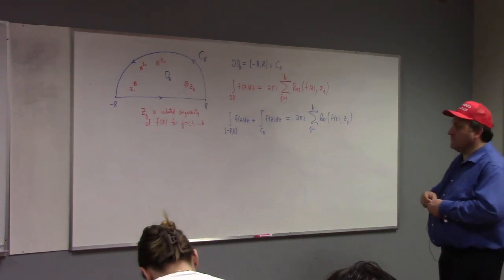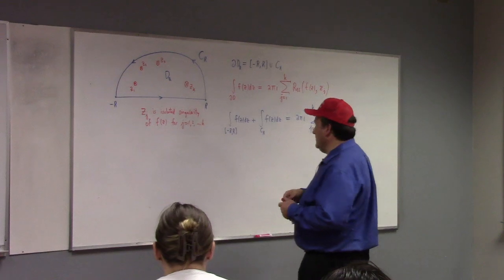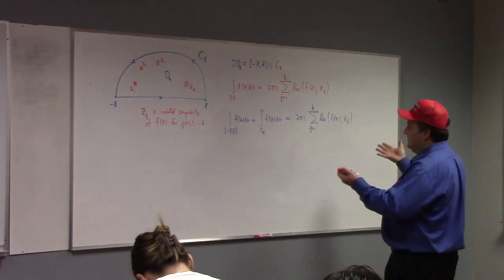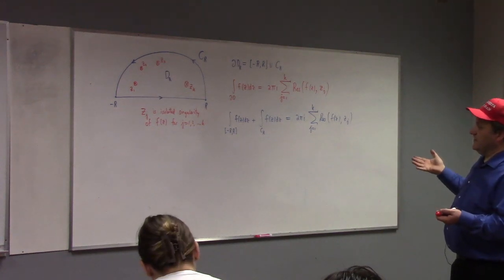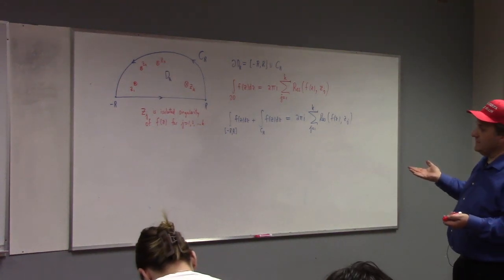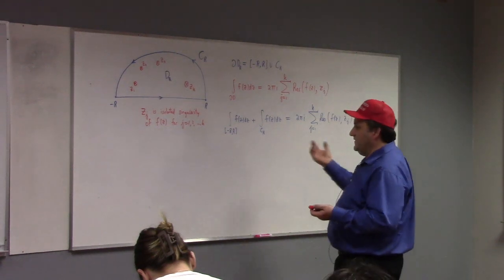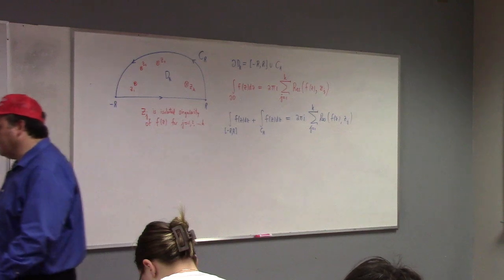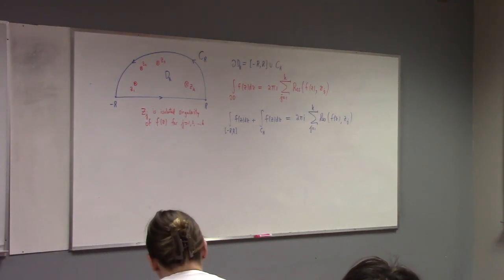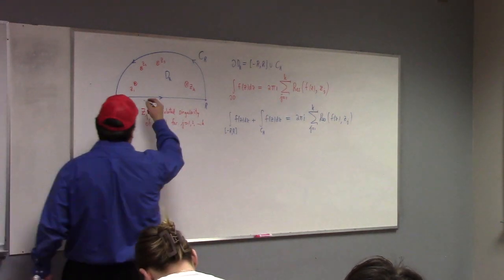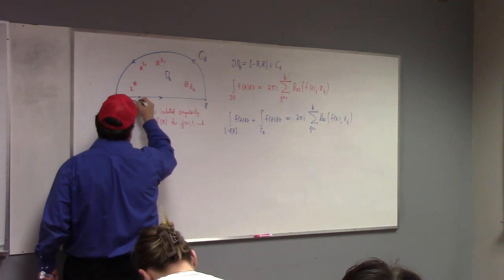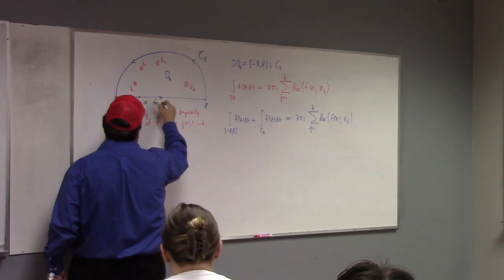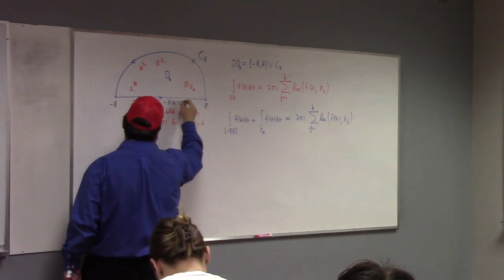Specifically, we can take a look at this and be a little bit more explicit. What is the parameterization of the line segment minus r to r? What's z equal to there? If I take a point here, I could just write z equals x, for minus r less than or equal to x less than or equal to r.